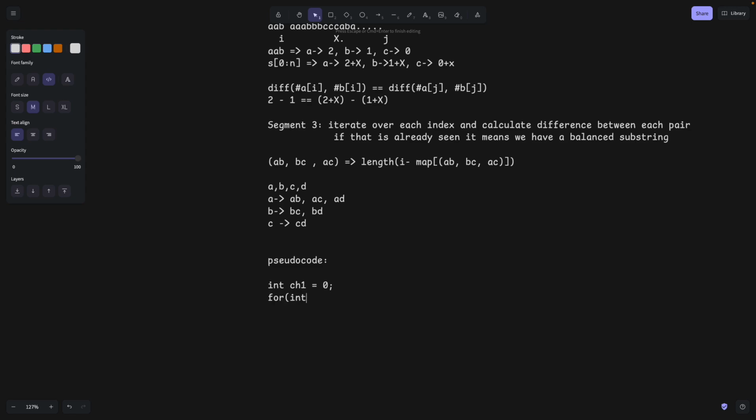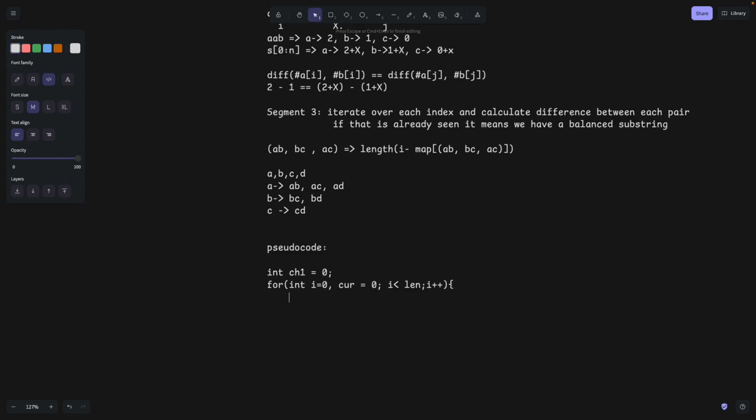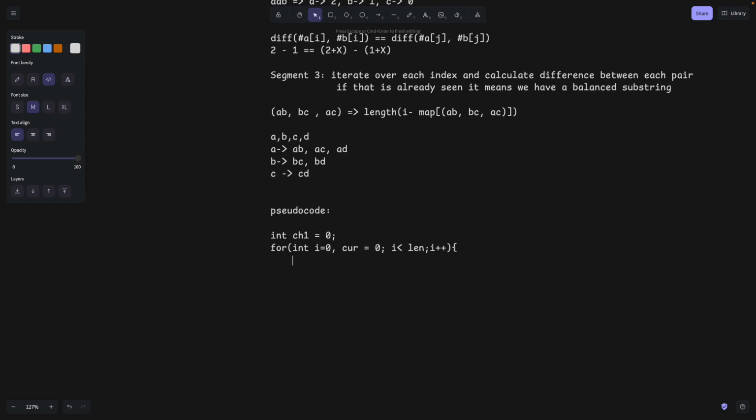We iterate over the whole string and we maintain a counter, the current counter, as 0, and I will iterate till the end of the string.